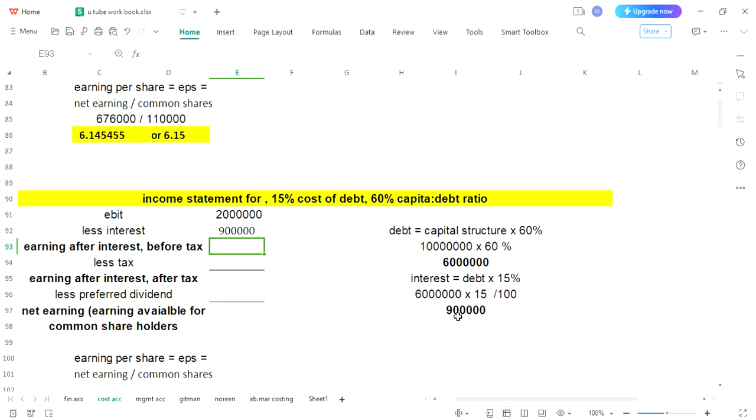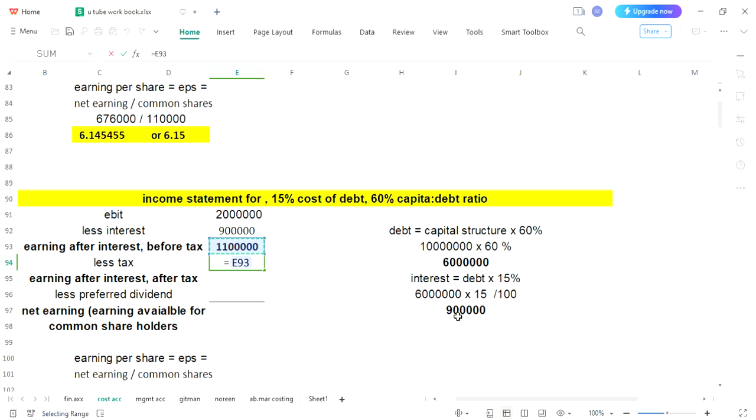Now we are open to calculate our earning after interest by subtracting interest from EBIT. 2 million is your EBIT, and then you will subtract amount of interest, which is 9 lakh. So we have got our earning after interest. Here we will be able to calculate our tax, for which tax rate 40% is applicable upon previous income.